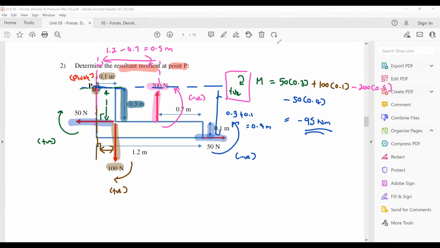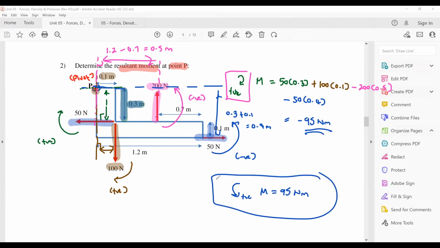You could repeat this calculation assuming counterclockwise positive, and your answer will still be the same in magnitude, but you will get positive instead. Both tell you the same story: correct magnitude, correct direction. So this is called finding moments.